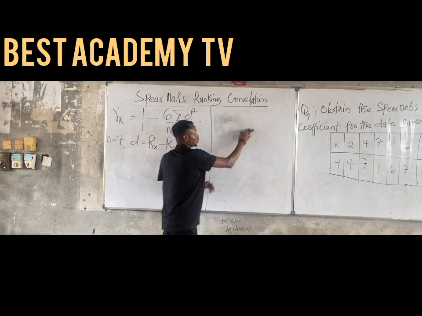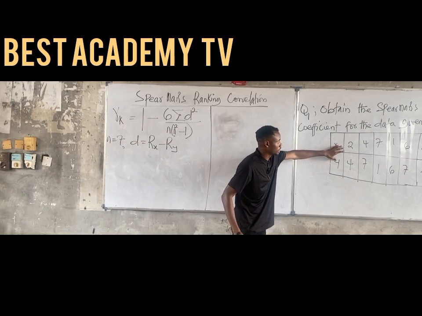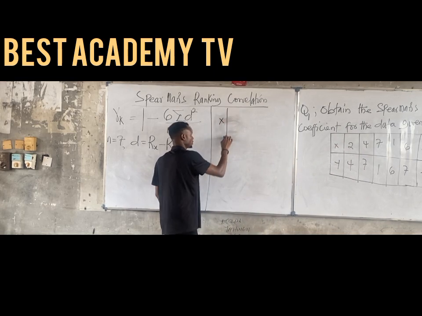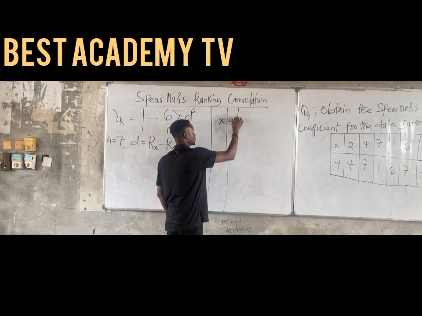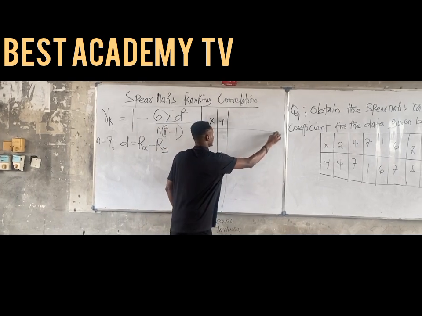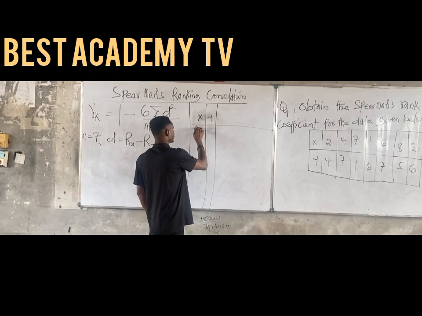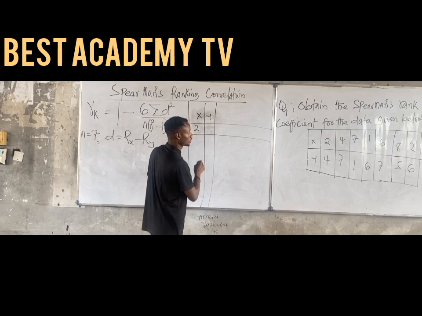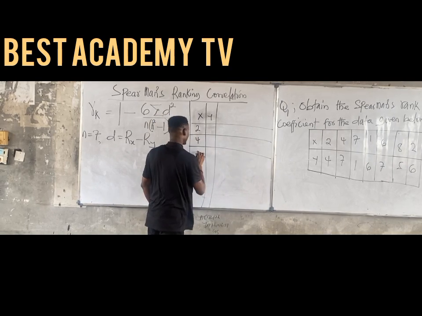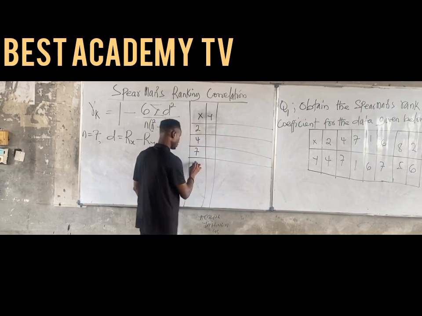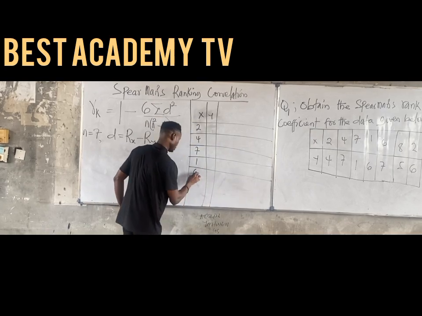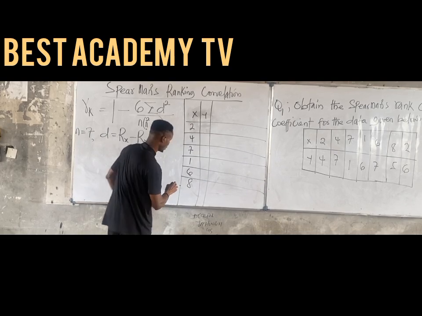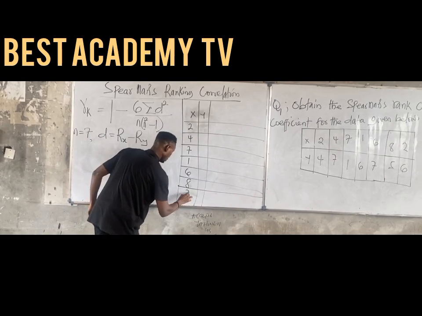So now let's recreate this particular table here. I will have x at this point and y at this point. What are the values of x? 2, 4, 7, 1, 6, 8, 2.